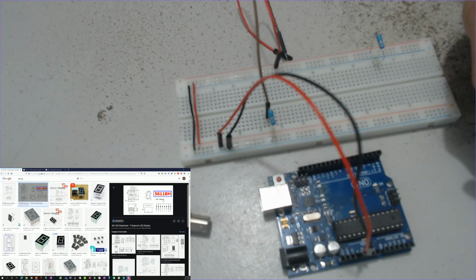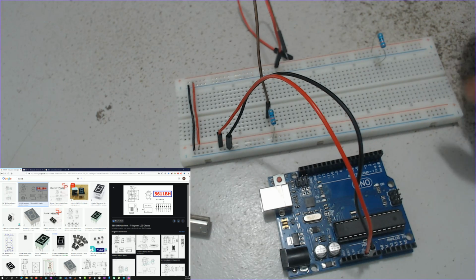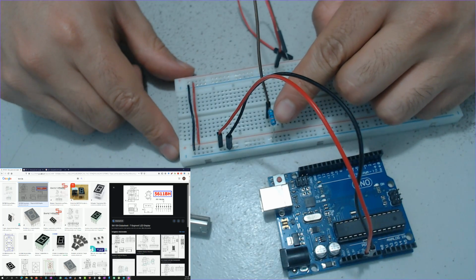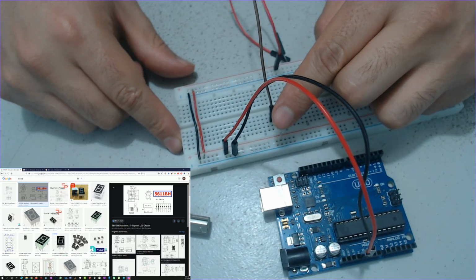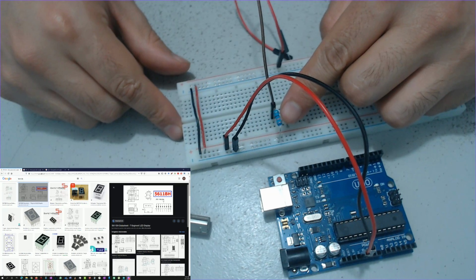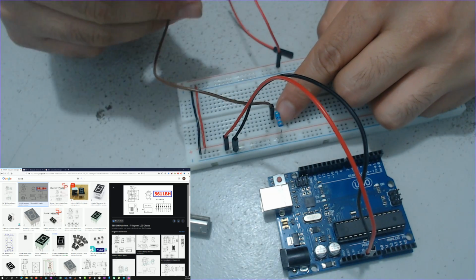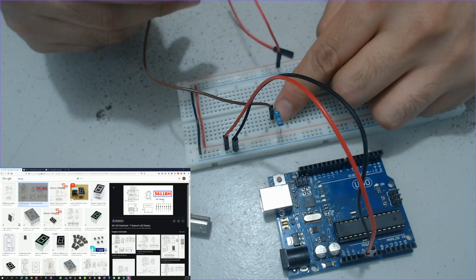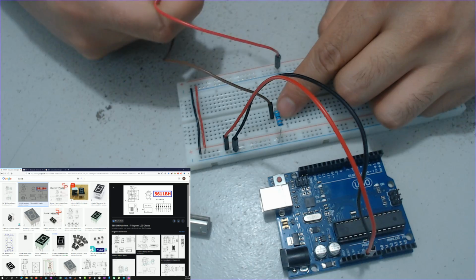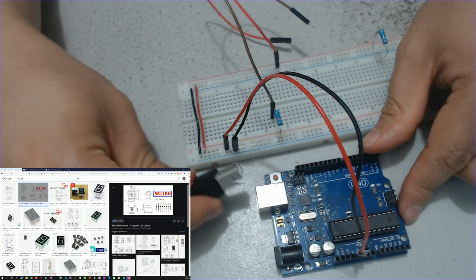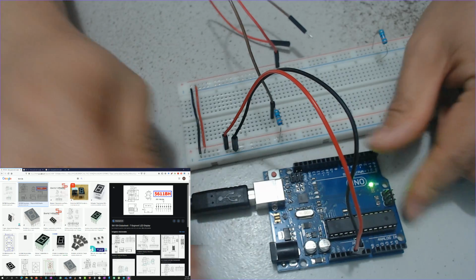I need to provide a resistance in a serial way to restrict the current. So I got from negative, I got my famous 330 ohms in this brown connector, and then I got my positive connector here. So let me provide power to the card.